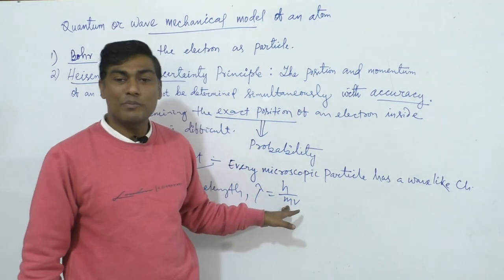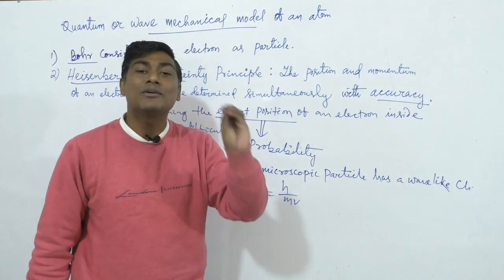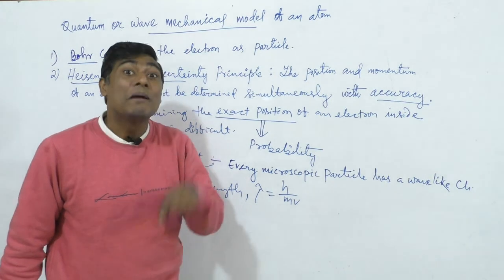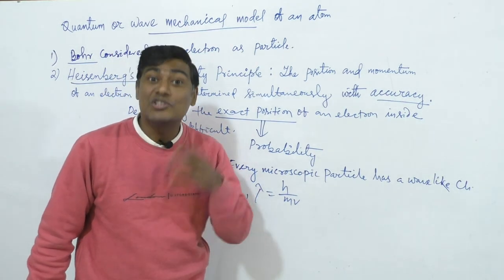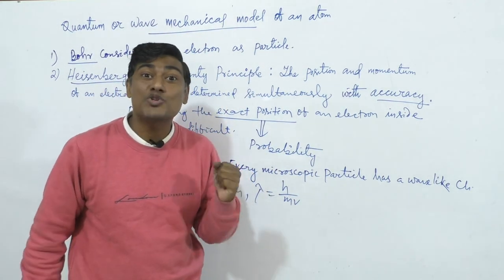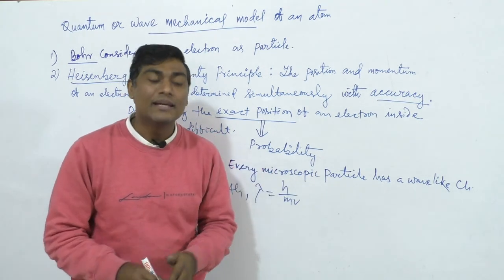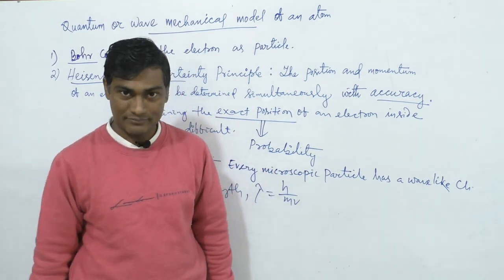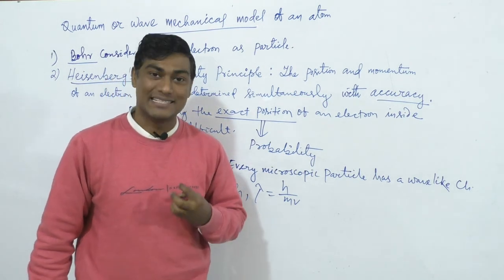But for a microscopic particle the mass is not so large, so we can have wave-like character. For us the microscopic particle is the electron, whose wavelength can be determined, whose wave-like character can be realized.